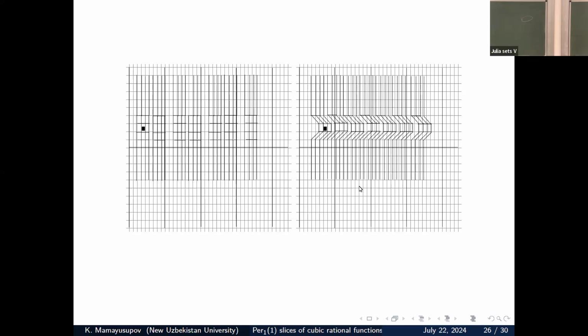And here is another situation. On the Fatou coordinate, if you quotient out by dynamics, you have a bi-infinite cylinder, and you have a position of a critical point, and you can twist it and change its position.